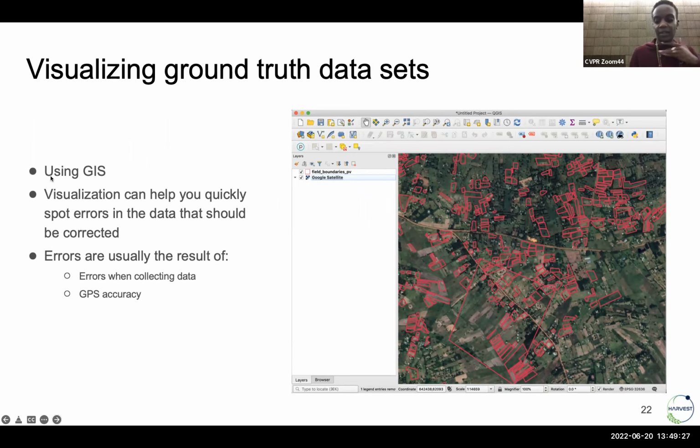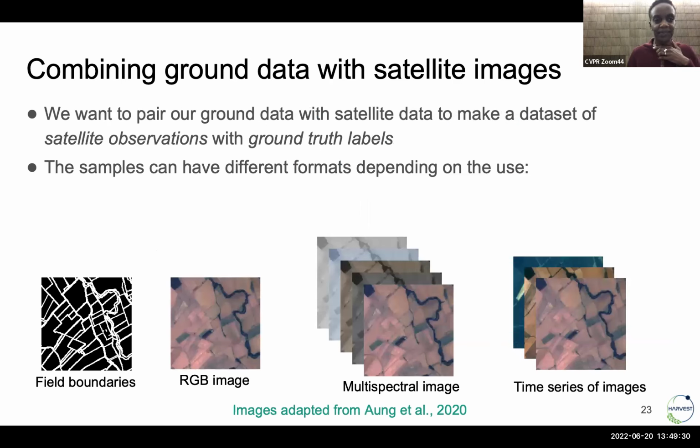And then ultimately you want to combine your labels with satellite data, and then go through the whole training, inference, and then you have your map, and then you can evaluate it. And we're going to go through that with Ivan.